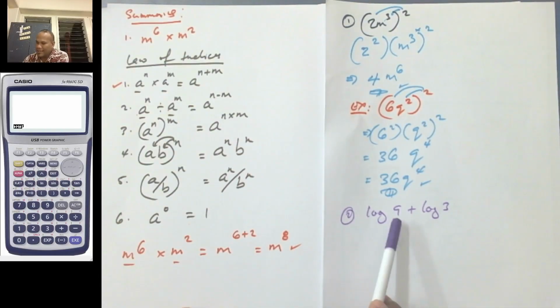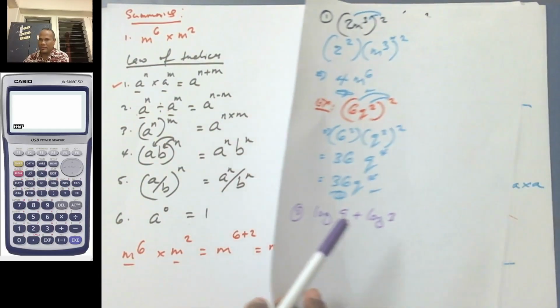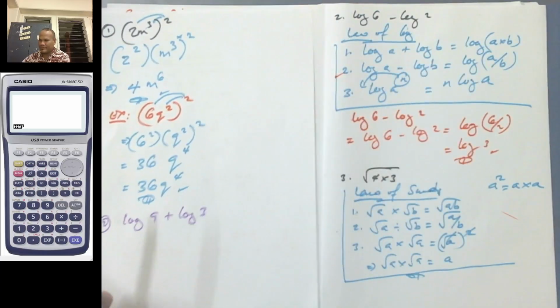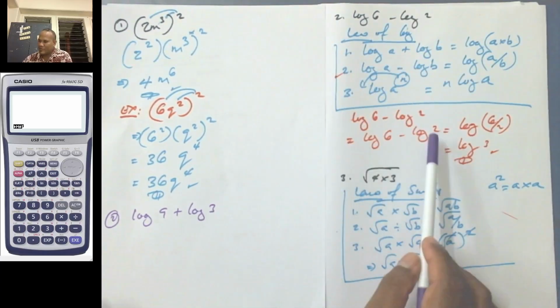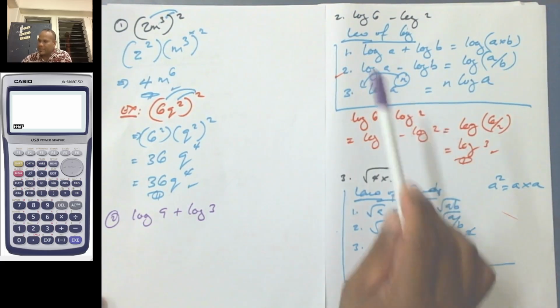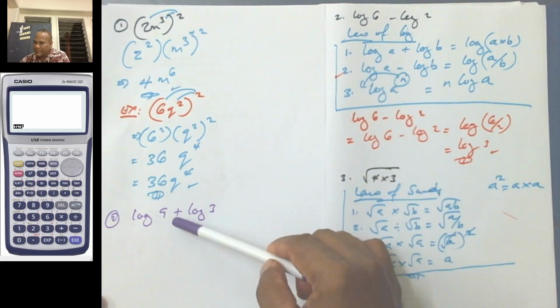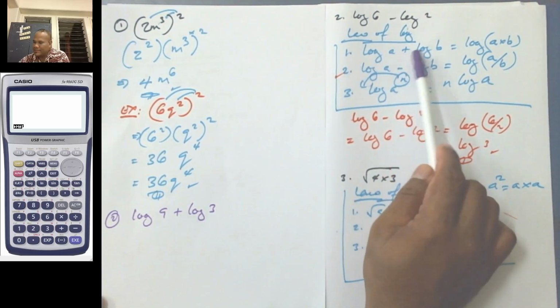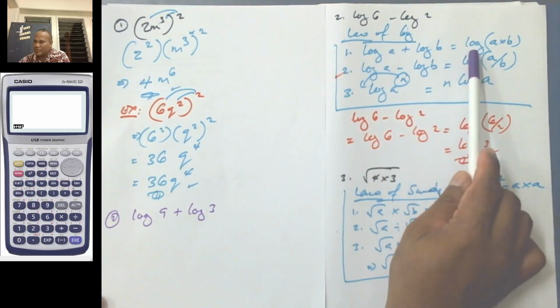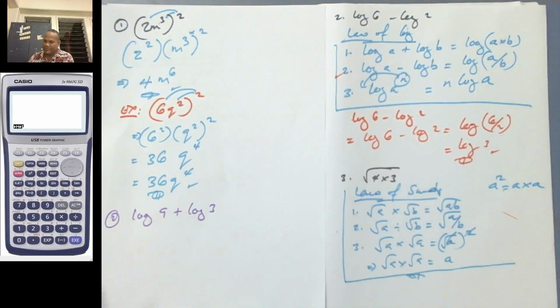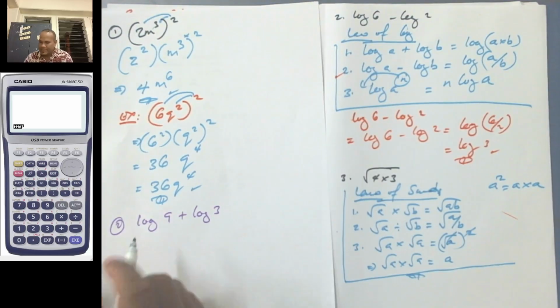So log 9 plus log 3. We look at the laws of logarithm. So this is the law of logarithm here. Whenever we add, log A plus log B is equal to log A times B. So we'll use the law here.